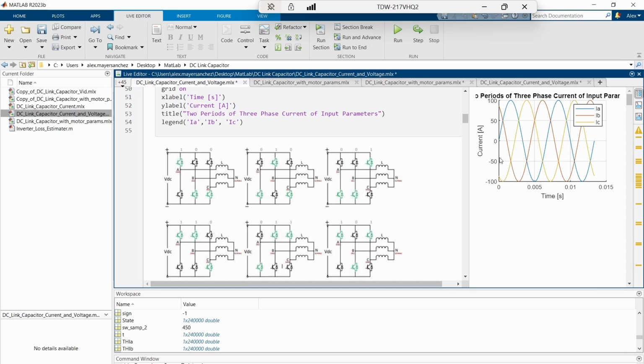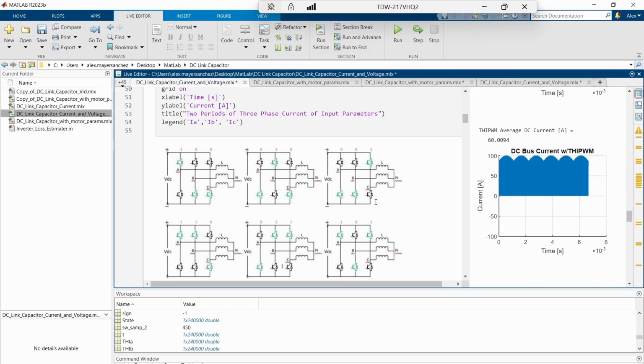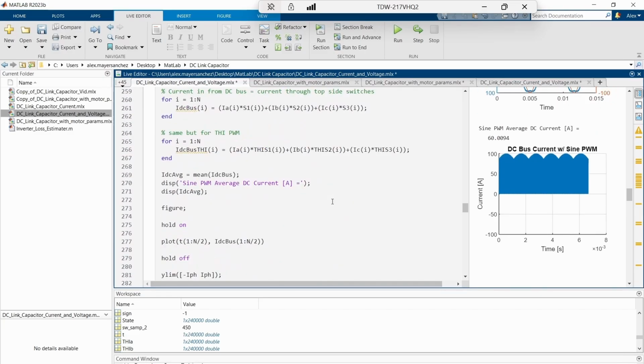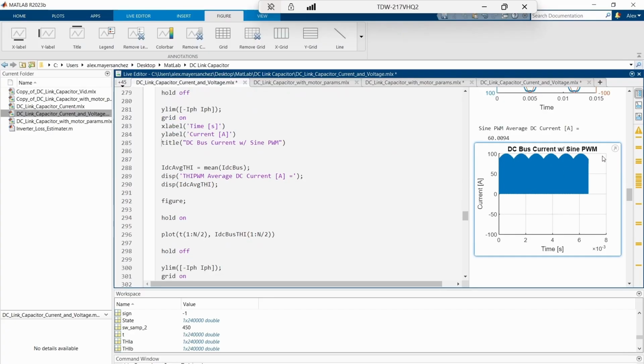So if you just look at this envelope, if you flip this peak up here, you would be able to trace out 6 of these peaks in one fundamental cycle. Let's go back to that. So the fundamental repeating frequency is 6 times the fundamental.